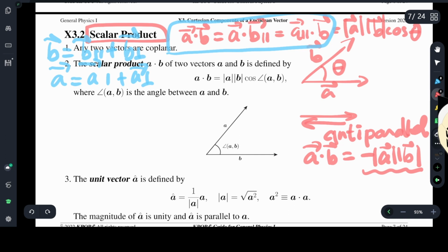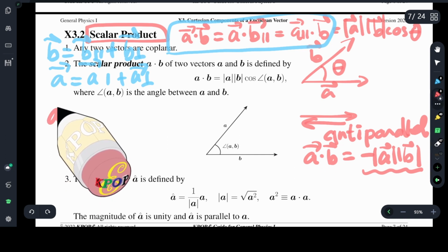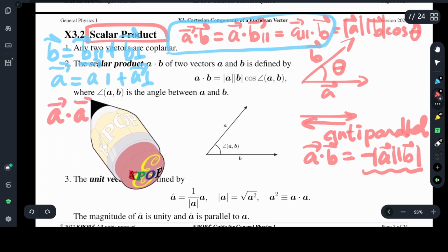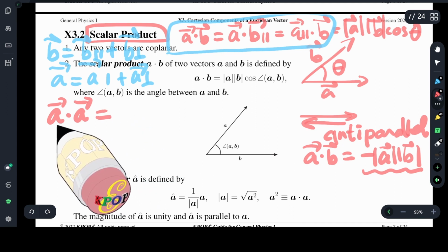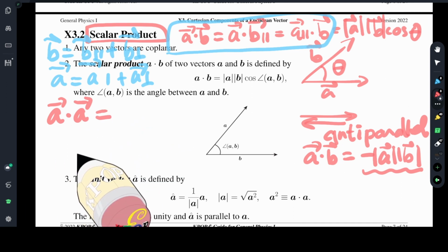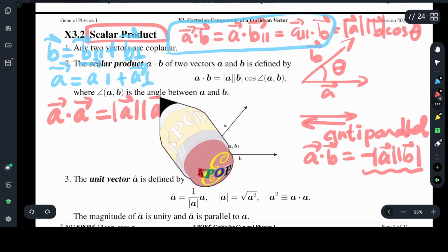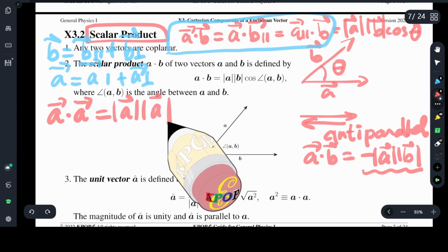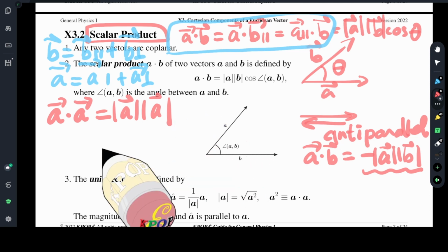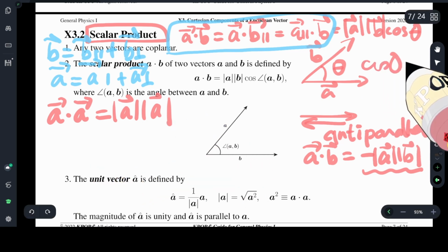Then, the simplest example is A scalar product with itself. Because A is always parallel to itself, it is A magnitude times A magnitude times cosine 0, and cosine 0 equals 1.